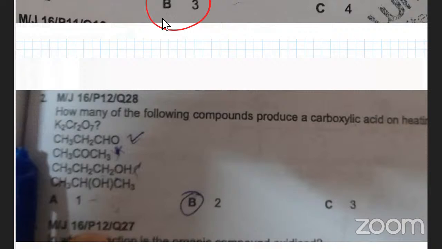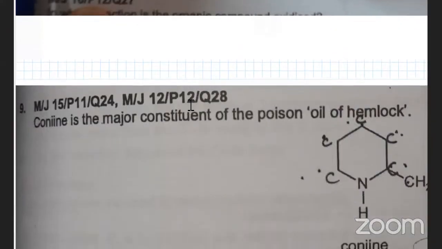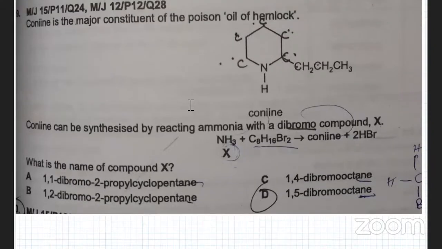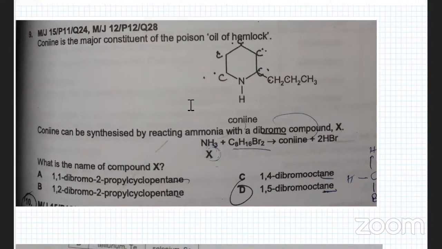Then move to the next one. So now moving to the next one. This one is a slightly difficult question. He's saying that there's this molecule, that's the name.